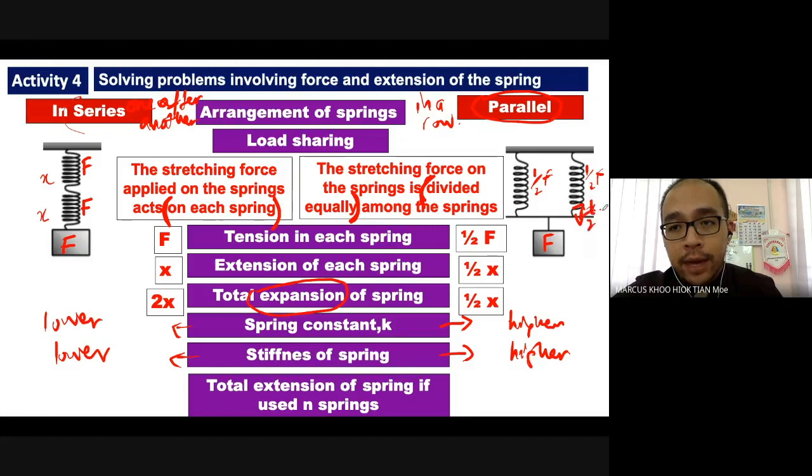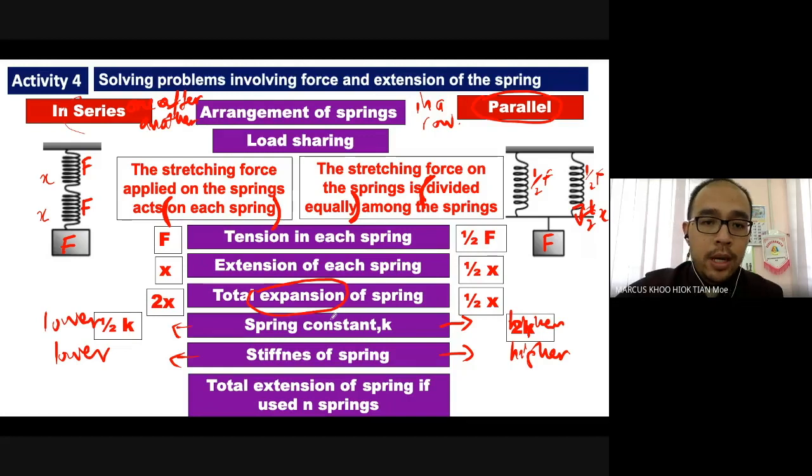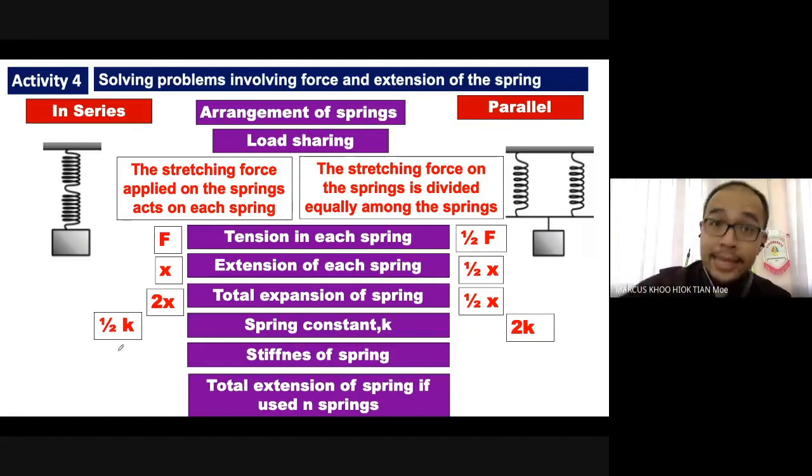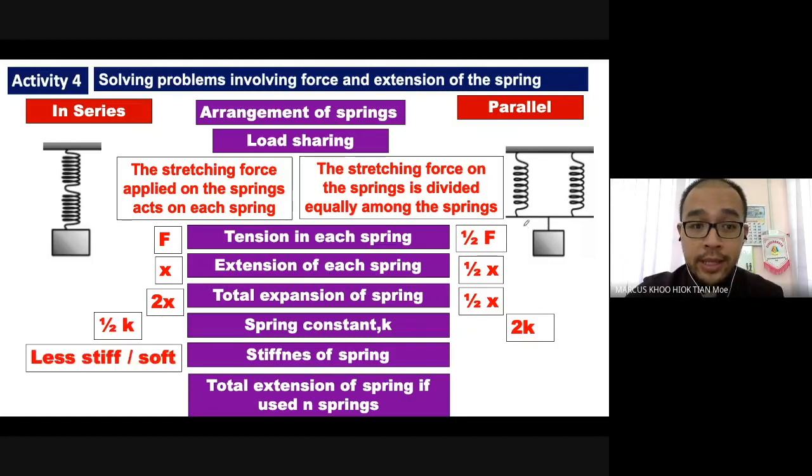Okay, spring constant, for the in series, it will be half K. As you said just now, it will be less stiff. Manakala the spring constant for this one will be 2K, it is stiffer over here. Less stiff on the series, parallel is more stiff.